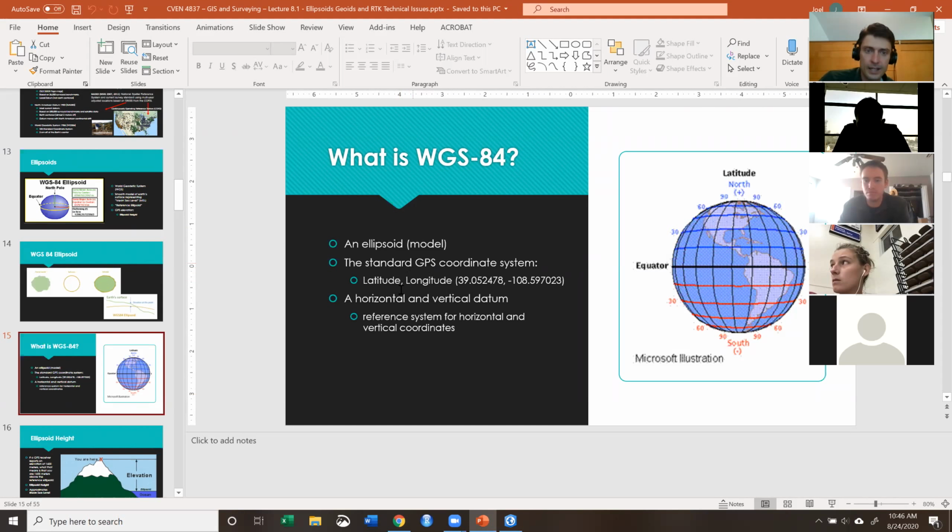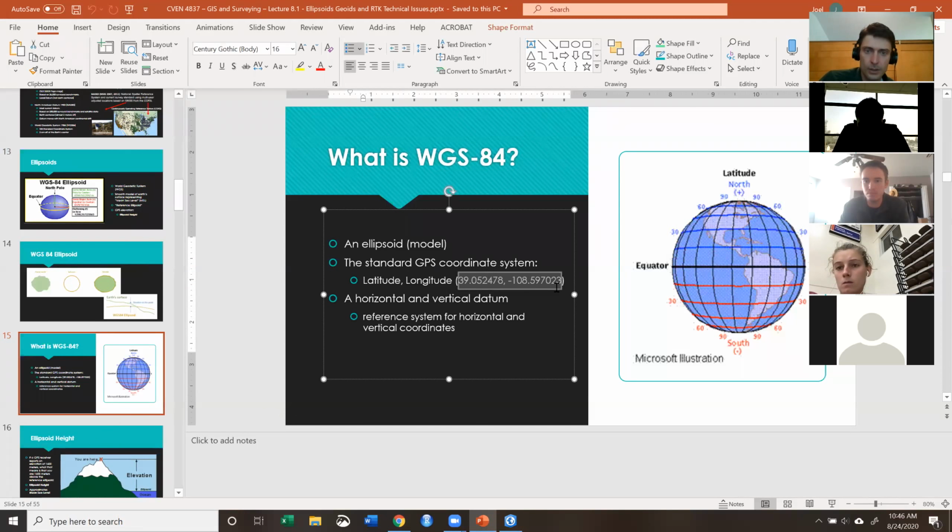It's this coordinate system, right? Latitude, longitude, which is part of the horizontal datum, and it's also that vertical datum. So it's actually four things. It's your GPS coordinate system, it's the horizontal and vertical datum, and it's an ellipsoid, and it's the standard GPS system for the whole globe.